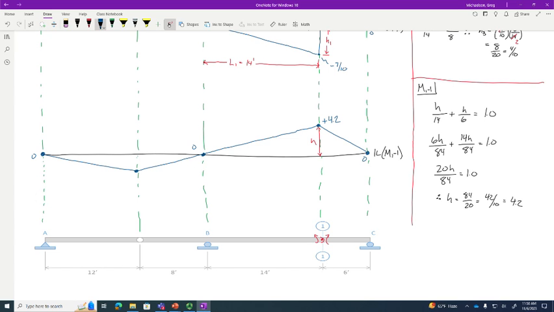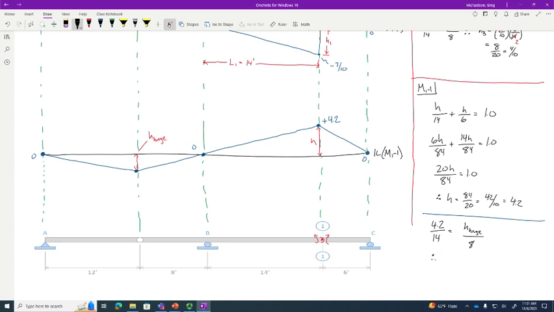And then we'll call this height right here, and I know we're getting short on time, we'll call this height H hinge. So we'll say that 4.2 over 14 is whatever this hinge height is over 8.